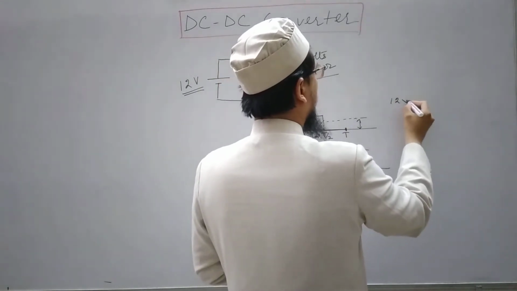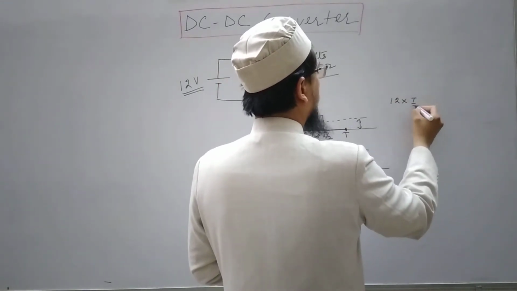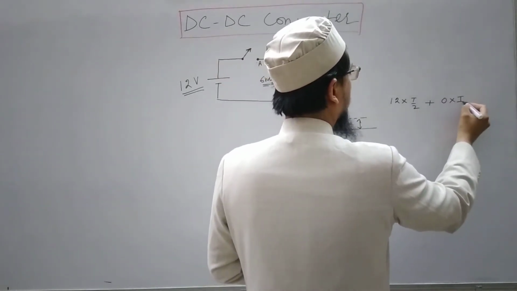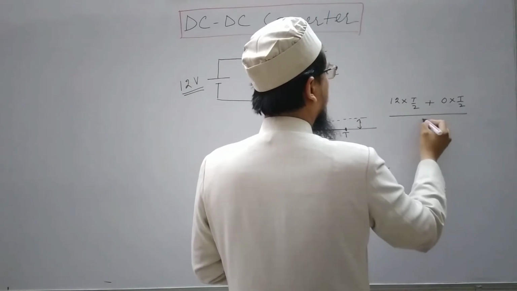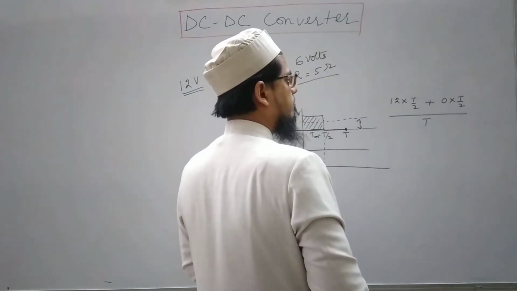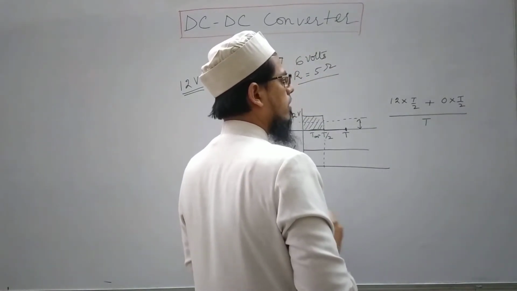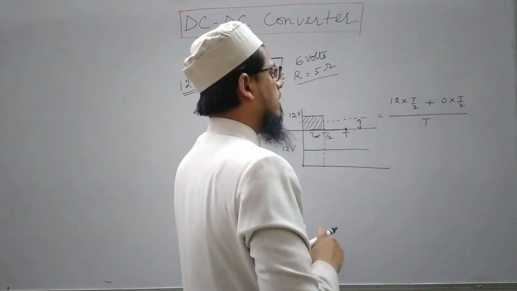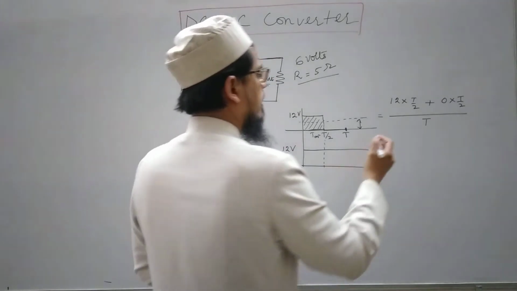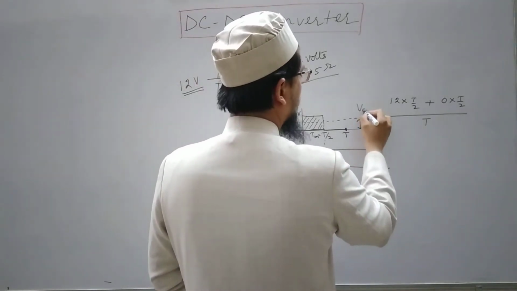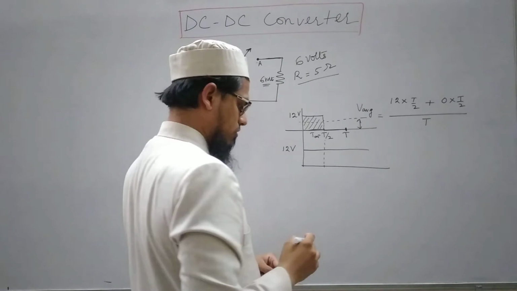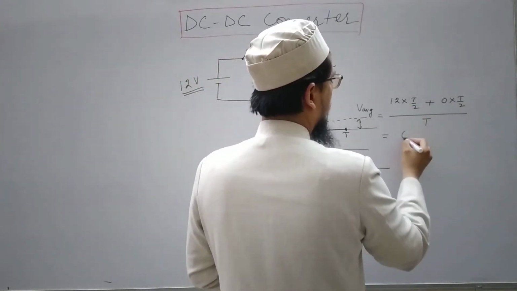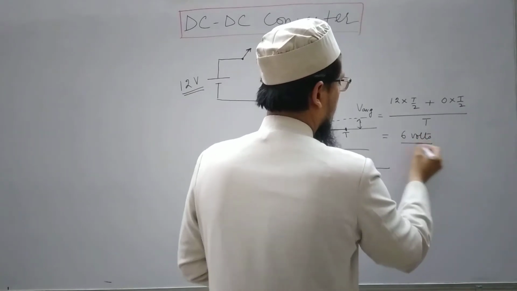So 12 times T by 2 plus 0 times T by 2, divided by T. This is the average voltage that will appear across the resistor R. So this is equal to 6 volts.